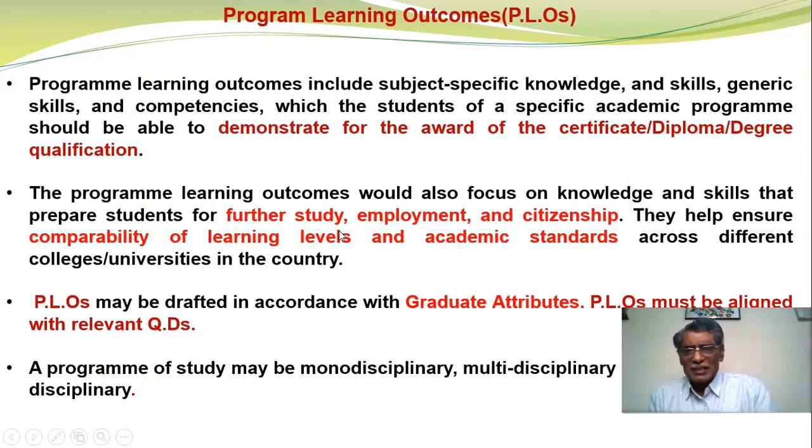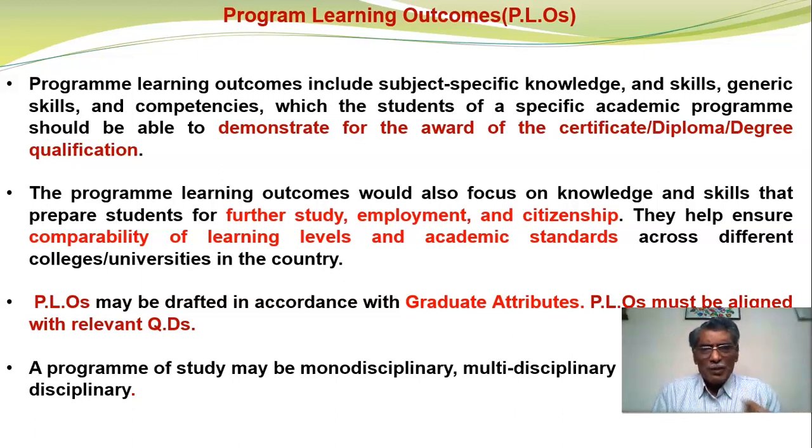Now let us see the program learning outcomes. These are all subject specific knowledge and skills, generic skills and competencies which the students of a specific academic program should be able to demonstrate for the award of a certificate or a diploma or a degree.